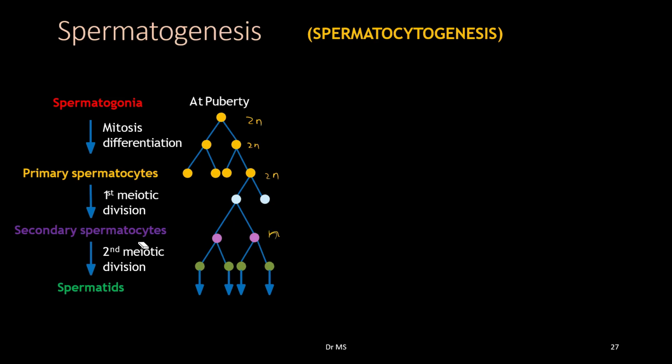The primary spermatocytes are 2n, but after the first meiotic division the secondary spermatocytes are haploid, n. Remember this. The primary spermatocyte is diploid in nature. Now this further undergoes a second division and forms the spermatids. These spermatids will undergo maturation and differentiation to form the sperm. Clear?